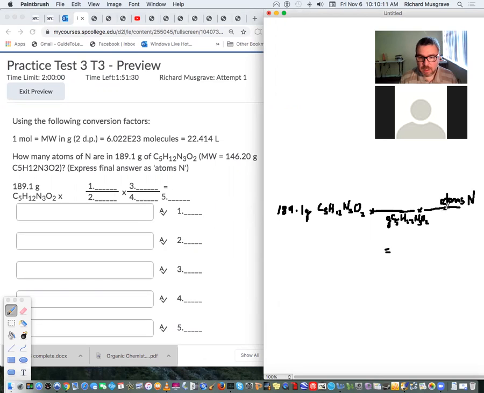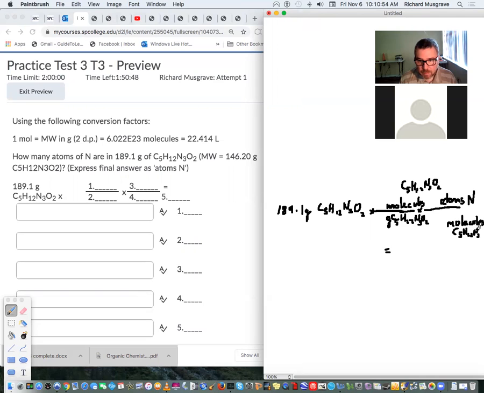What we need is some kind of linking unit here. And the thing is, we can't go directly from grams of C5H12N3O2 to atoms of N. We can't do that in 1 step. So what we do is we need something to link those 2 things together. And what we use is atoms and molecules. So it's going to be molecules of C5H12N3O2, because that's the only thing that we have relationships for.